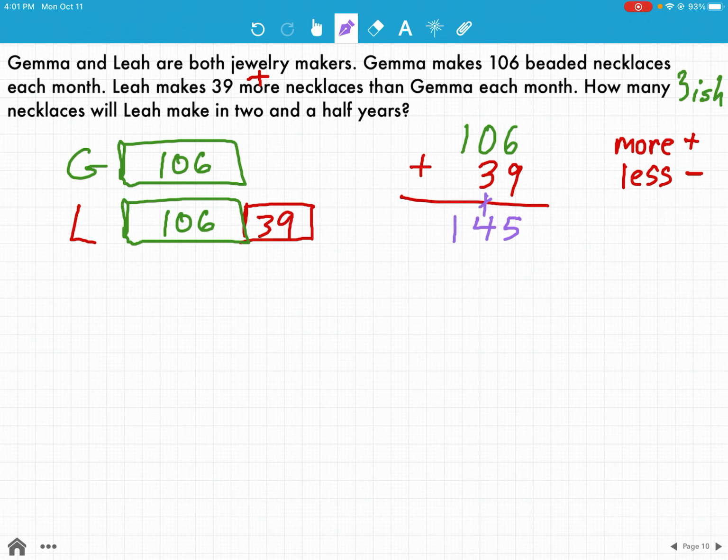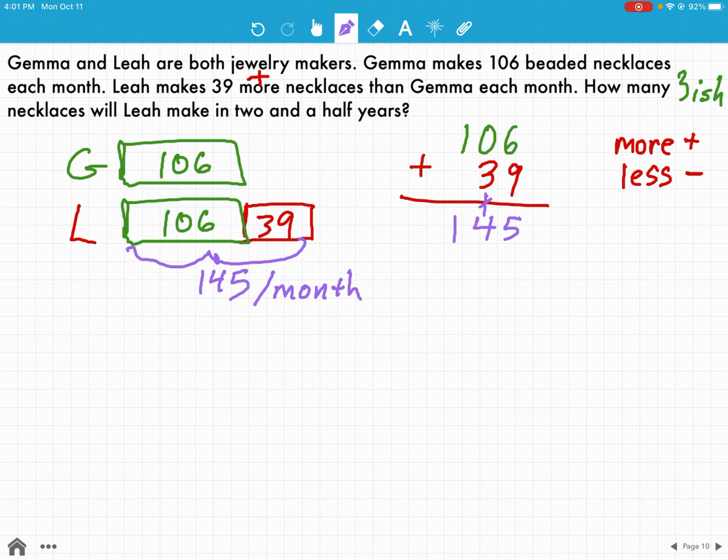Then I bring down the 1, so I have 145. So Leah makes 145. All right. Now, how many necklaces will Leah make in 2.5 years? So remember, this is per month. So we need 2.5 years.